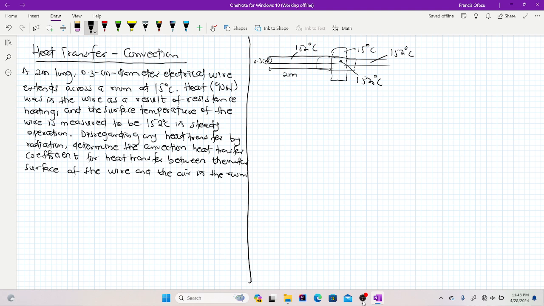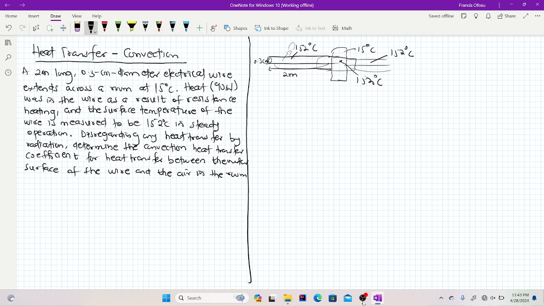But when we look at this question as a whole heat transfer problem on its own, heat of radiation is also going to take place, because part of the wire which is not in the room is also going to release heat to the atmosphere. But we are assuming that the entire wire passes through the room.